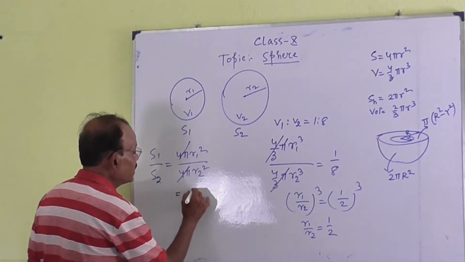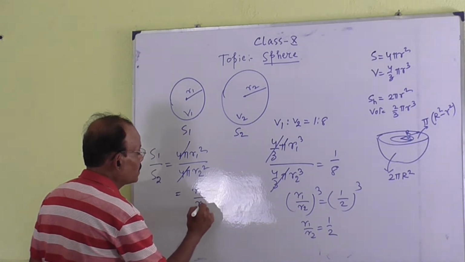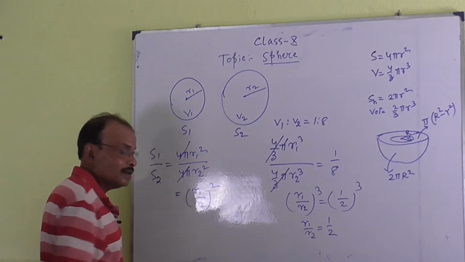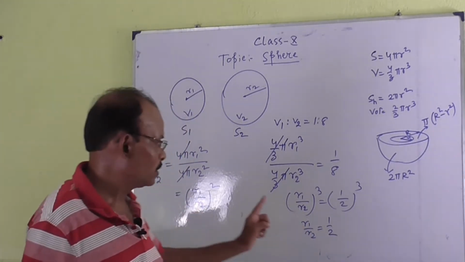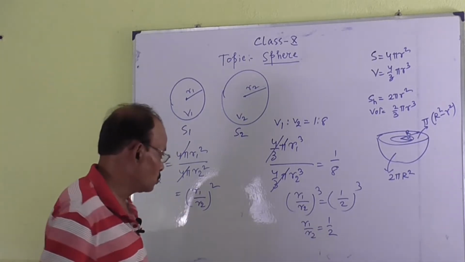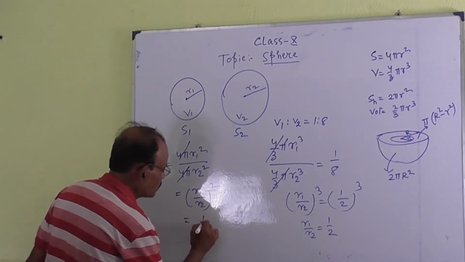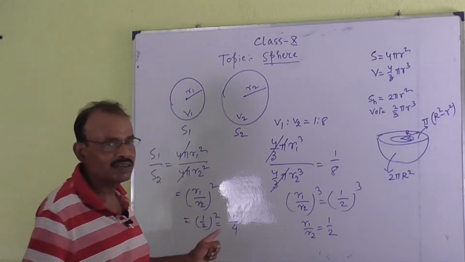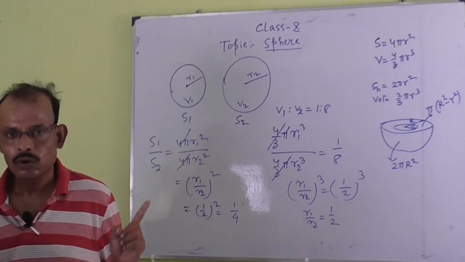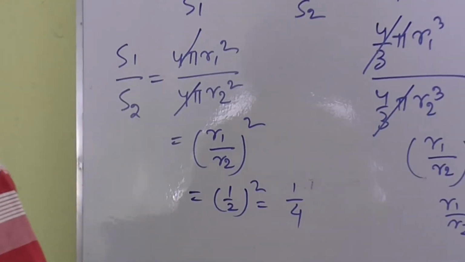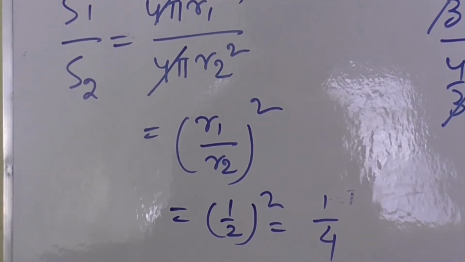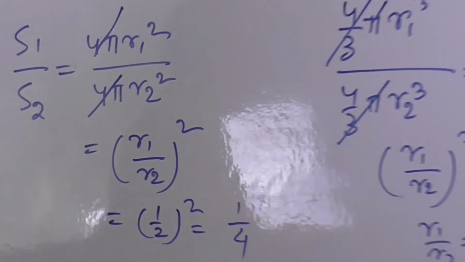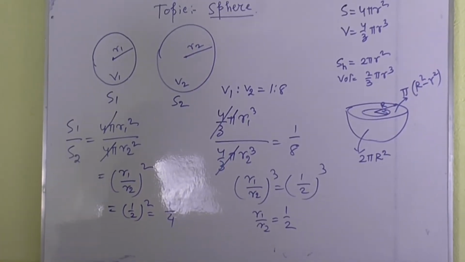So, we get r1 by r2 whole square. Now, put the value r1 by r2 equal to 1 by 2. So, 1 by 2 whole square, we get the final result. It is the ratio 1 is to 4. Clear? All the students? Now, I will take the second example.